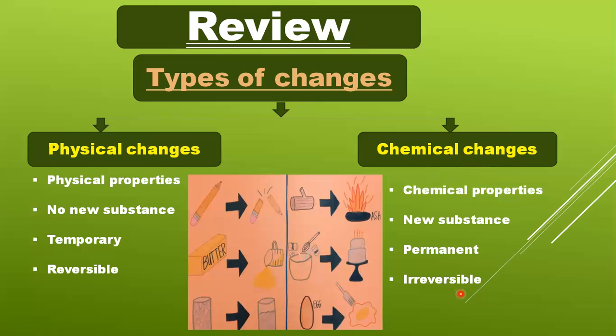As you can see here, the liquid part of an egg can be converted into the solid form on frying, but this solid form is unable to convert back into the liquid form. So it means the reaction only goes in the forward direction, not in the backward direction. That's why chemical changes are irreversible in nature.